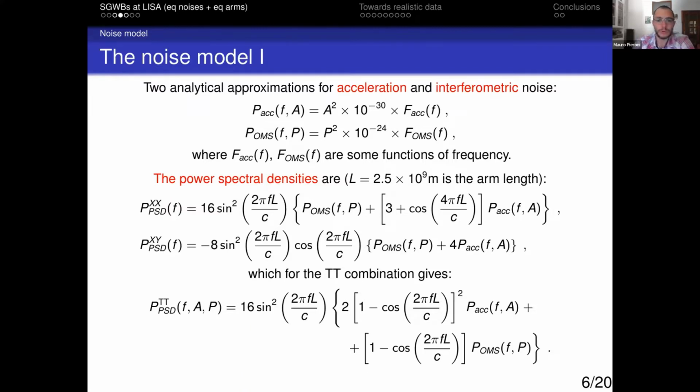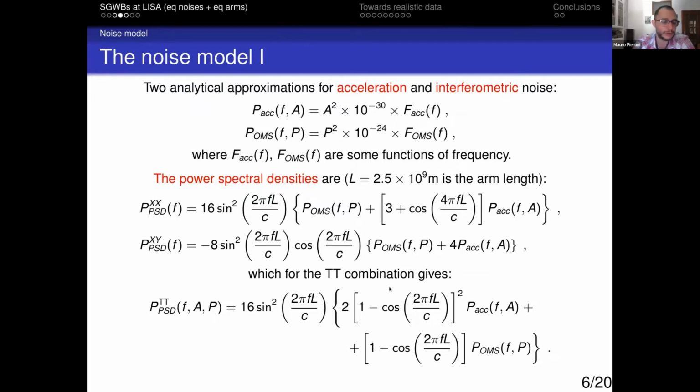What I can do is to compute how these two noise components propagate into the TDI variables. So, for example, I can compute how they contribute to the XX correlator. And what you learn is that basically you just have OMS with some prefactor, same prefactor for acceleration, and another term here, which at low frequency is just a constant.